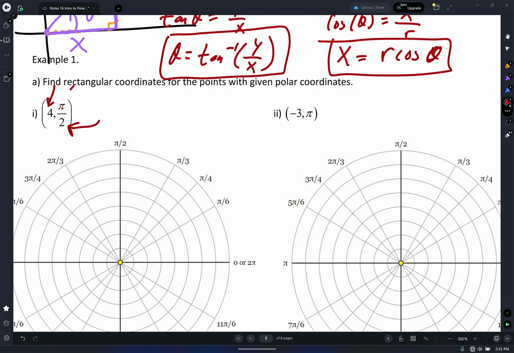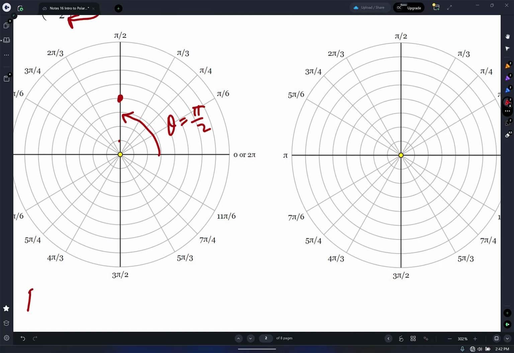What's my angle? Pi over 2. That is theta equals pi over 2. Now I'm going to do my r. The r is 4, so you start at the origin. 1, 2, 3, 4. There it is. That's my point. And they want the rectangular coordinates. Okay, this is easy. My rectangular coordinate.